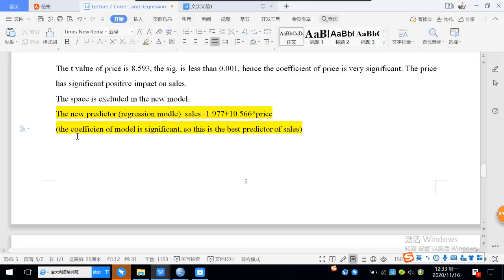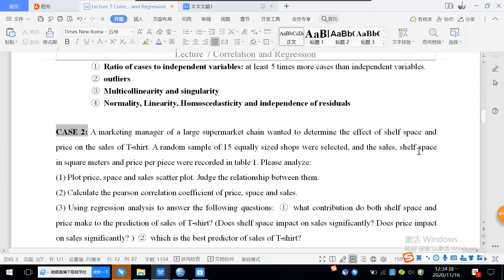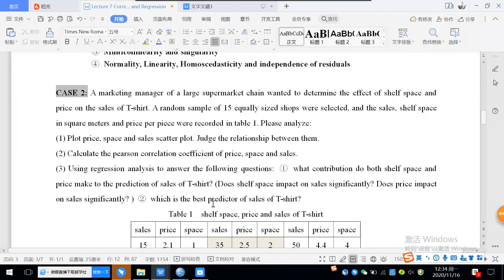So since the coefficient of price is significant, this is the best predictor of sales. Okay, so here is the answer for this question: which is the best predictor of sales of t-shirt?